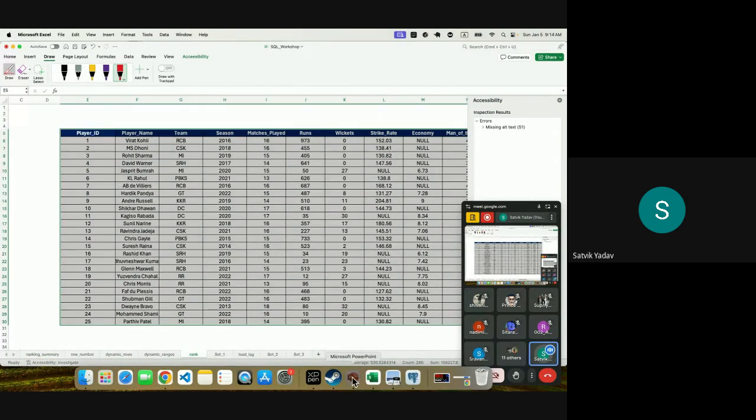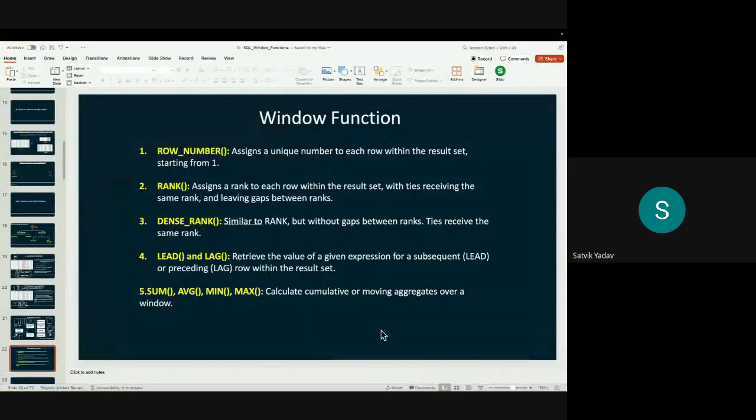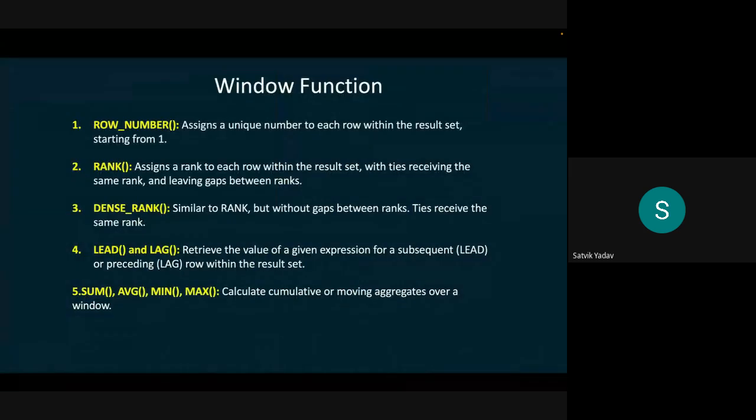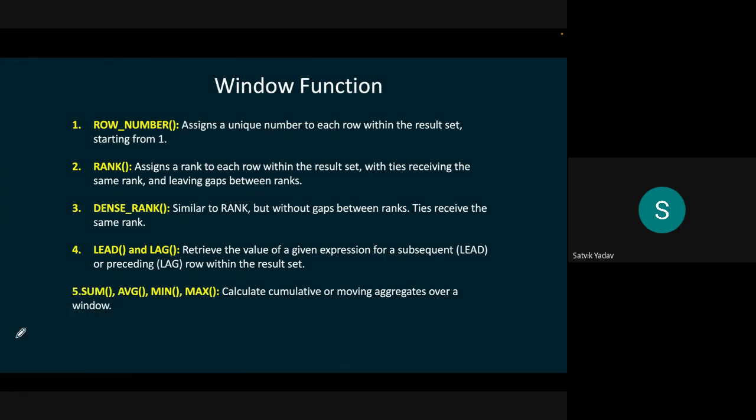First of all, let us understand the syntax of window function. We just discussed row number, rank, and dense rank. First, we will see a little bit how they are written in code, then we will cover other concepts. Now let's read the definition. We discussed conceptually what they are.